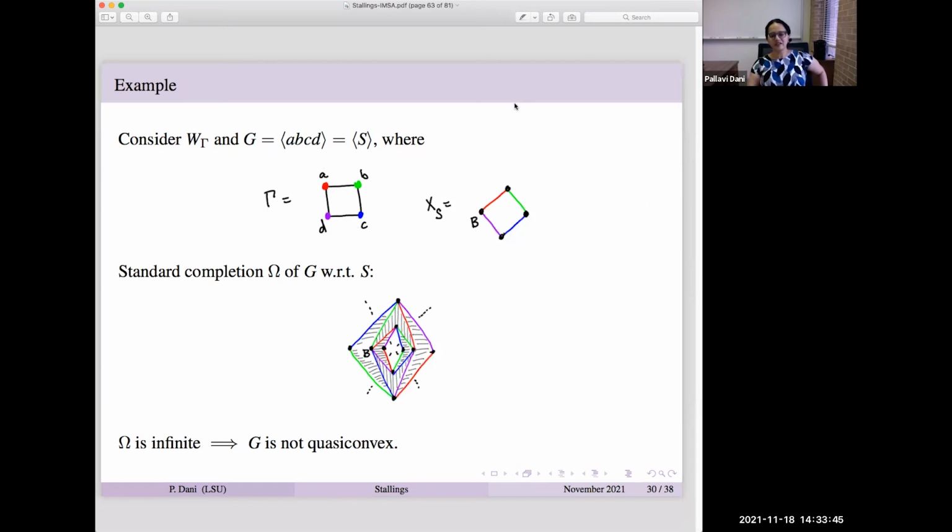Now, for this particular subgroup, it's not hard to see directly, probably combinatorially, that this is not quasi-convex, but it's just supposed to illustrate that these completions are detecting quasi-convexity. And as we saw in the free group case, you always end up with a finite graph, and that corresponds to the fact that every finitely generated subgroup is quasi-convex.